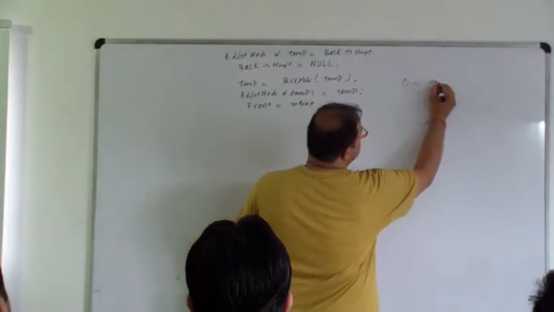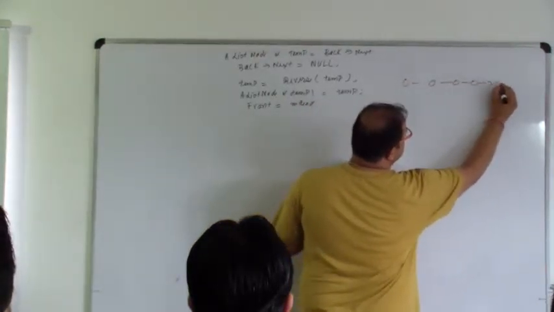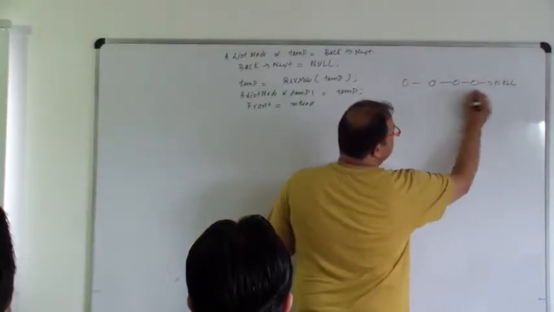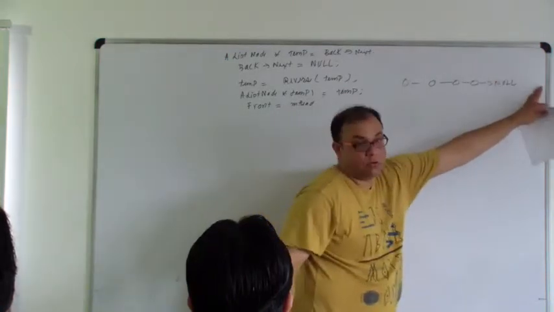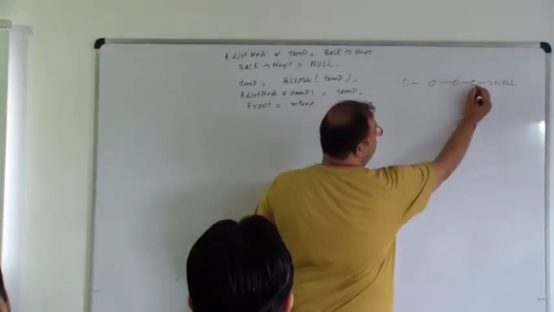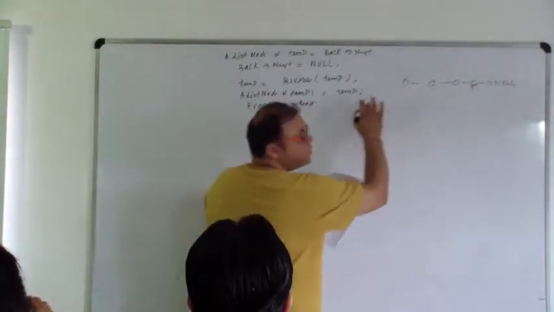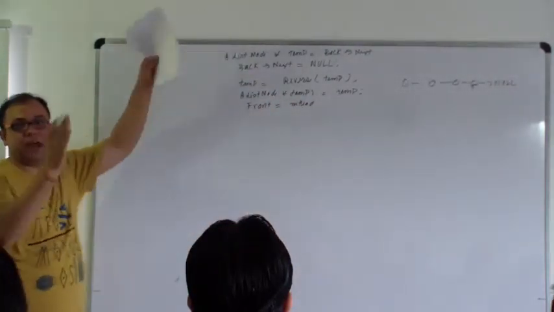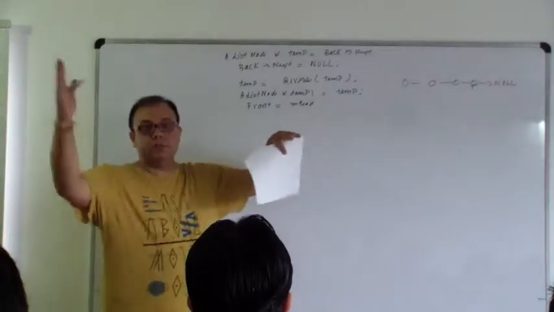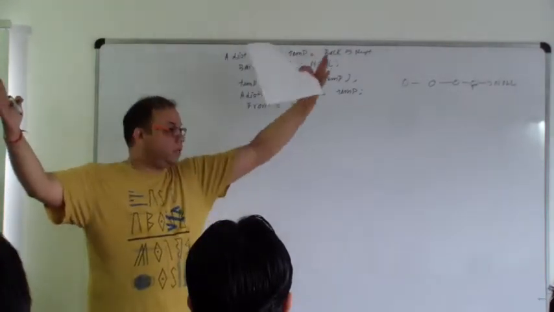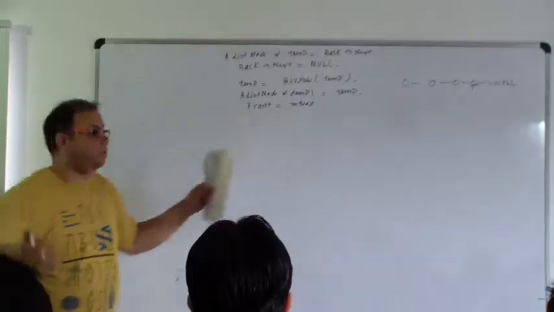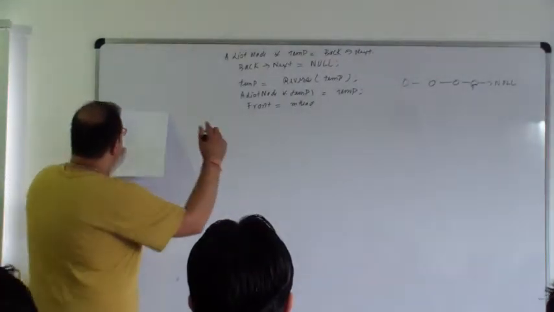So the list was like this. Front went out of scope. Back was somewhere here. So then I'll make the front is equal to now I have temp, which is the broken one, right? And then I need to go back to the front. So front is equal to m head while front exists.